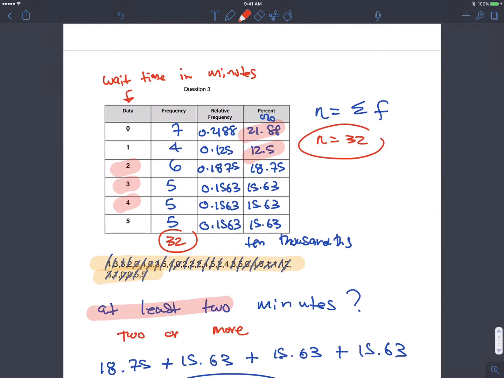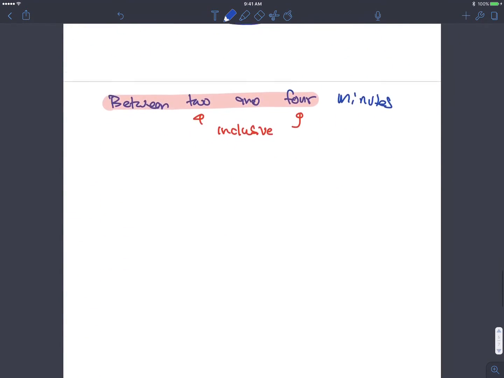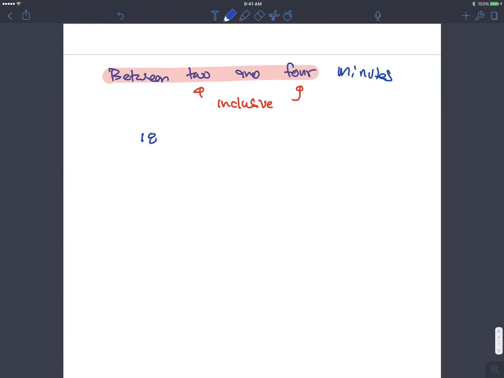We need the associated percentages again. 2, 3, and 4. 18.75 plus some 15.63s.